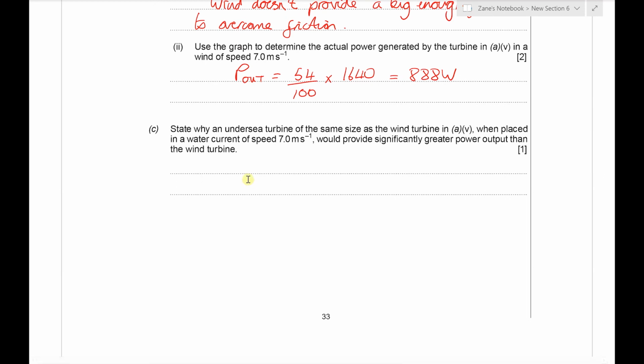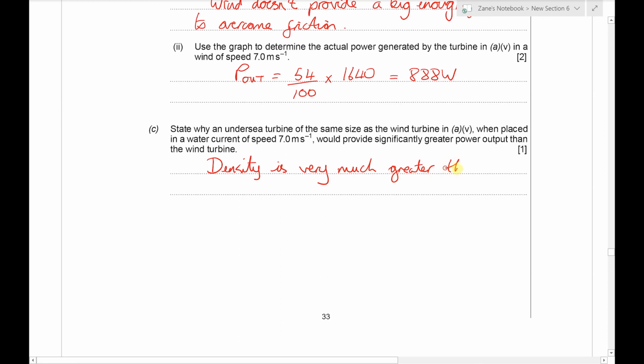So all we're looking for here is simply that the density of water is greater than, or very much greater than, the density of air. I'd personally put in the very much greater than because of that word significantly in the question.